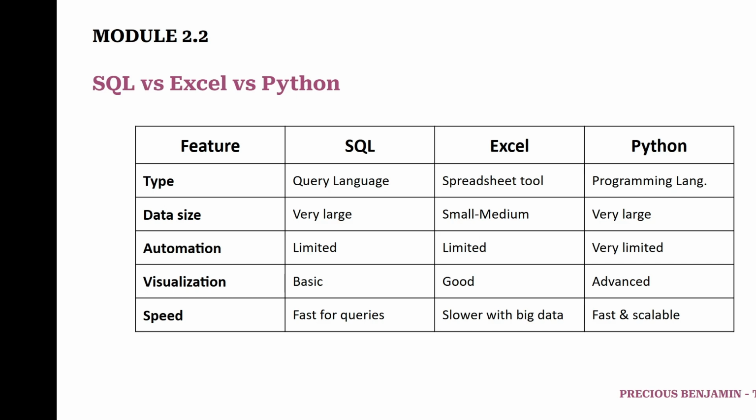So if you're looking at working with large data sets, SQL or Python is just the guy. Now, when you talk about Python for speed, Python is a very advanced programming language. So Python is not just fast, Python is scalable, and Python code is reusable. Now, this is just the core difference between these three software. So in the next part, we are going to be looking at what actually is a database.